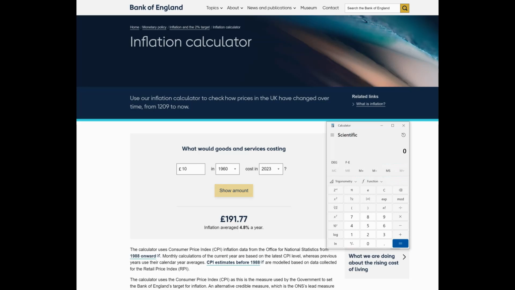And the way that works, to get that figure, you simply look at the number of years.